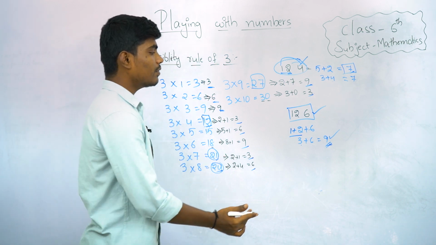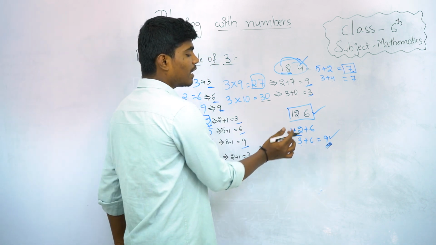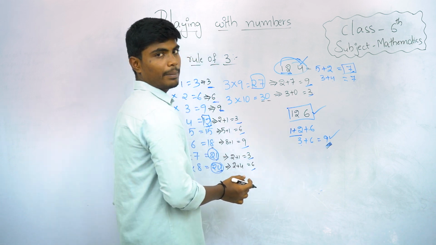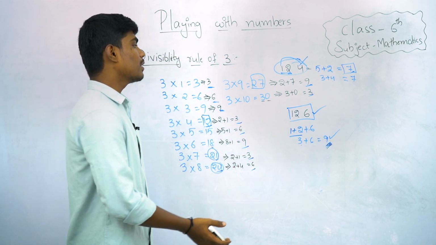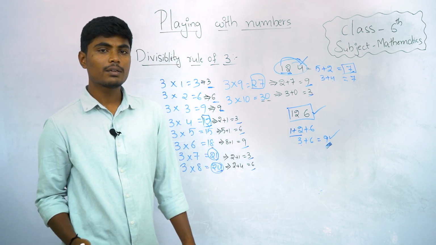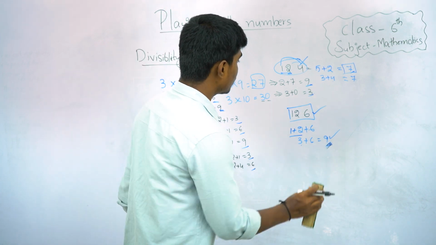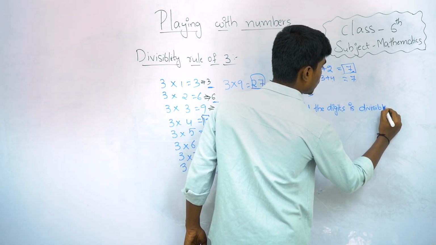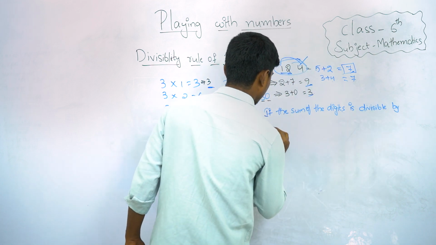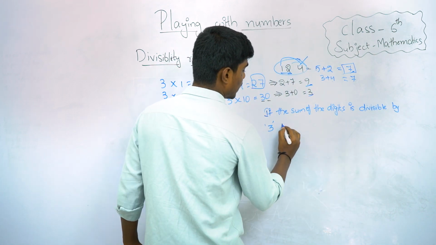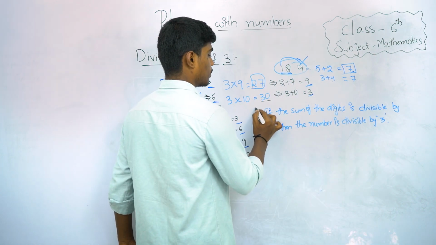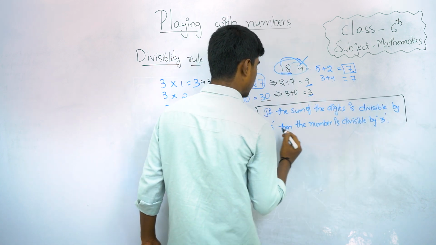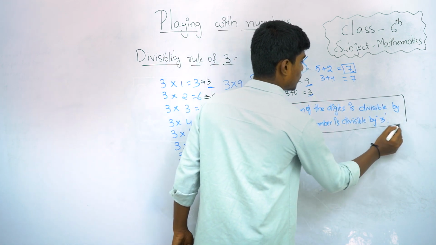So by this we can understand that if the sum of the digits in a number is divisible by 3, then the number is divisible by 3. This is the divisibility rule of 3.